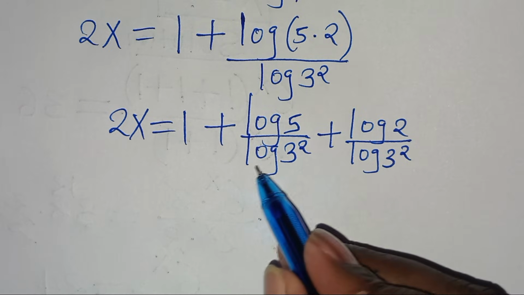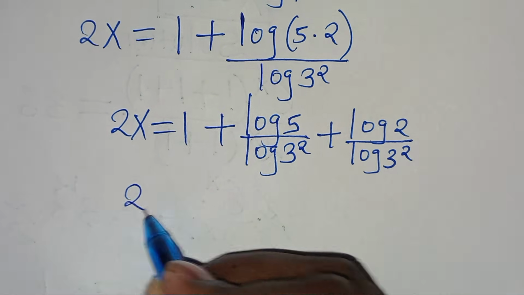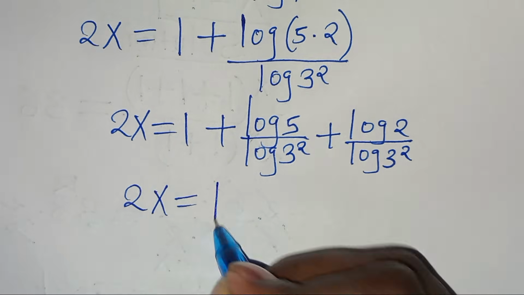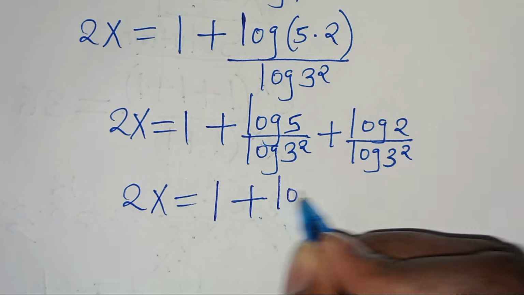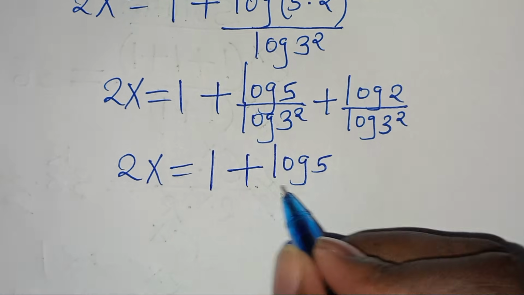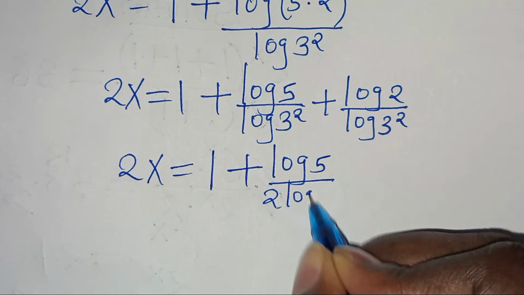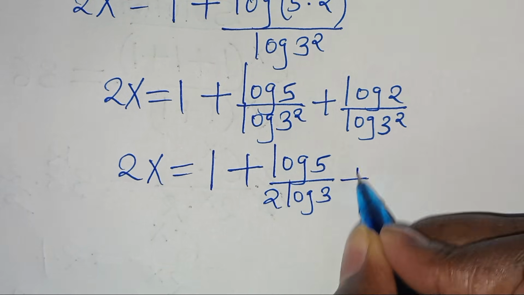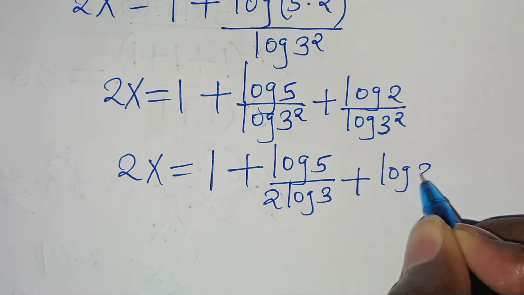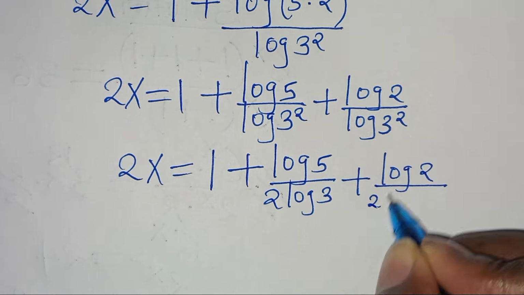Now let's apply the power rule property here so that you have 2x equal to 1 plus log 5 divided by 2 log 3, then plus log 2 divided by 2 log 3.